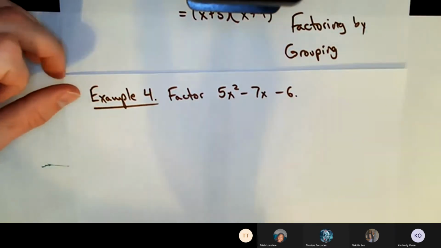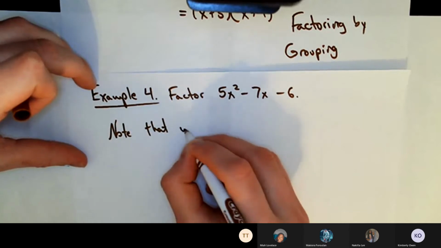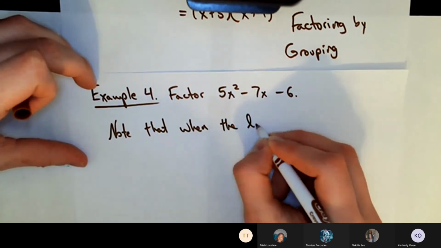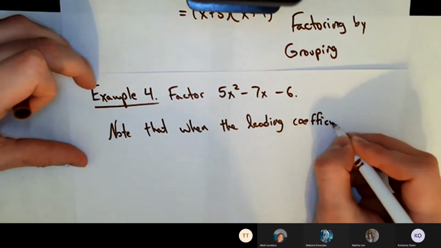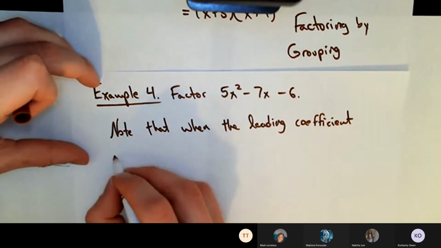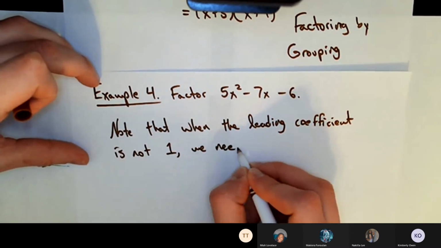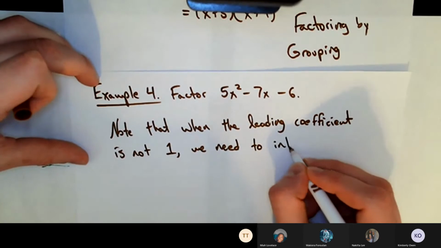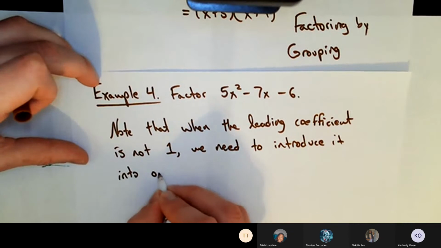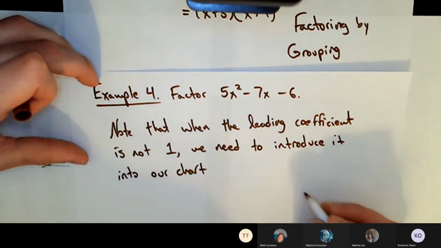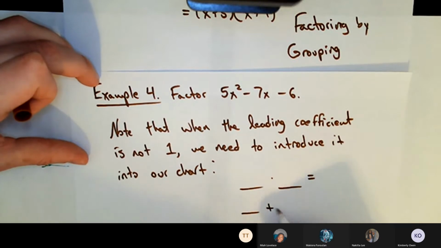That was still the first step, but what we need to do is note that when the leading coefficient is not 1, like in this case it's a 5, we need to introduce it into our chart. The little chart we fill out with the 2 numbers that multiply and then 2 numbers that add.